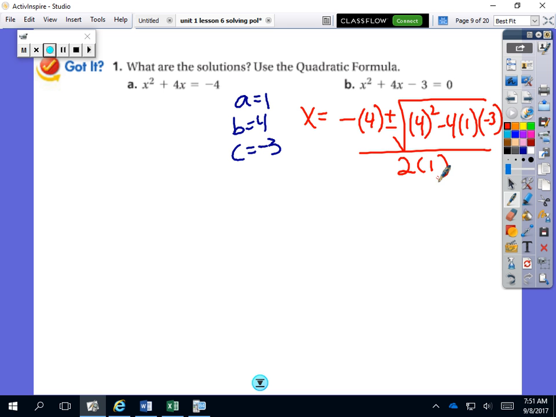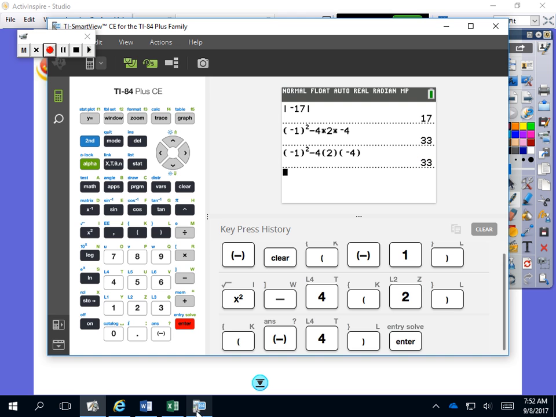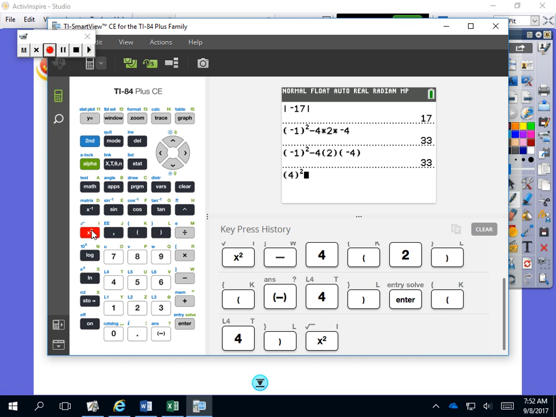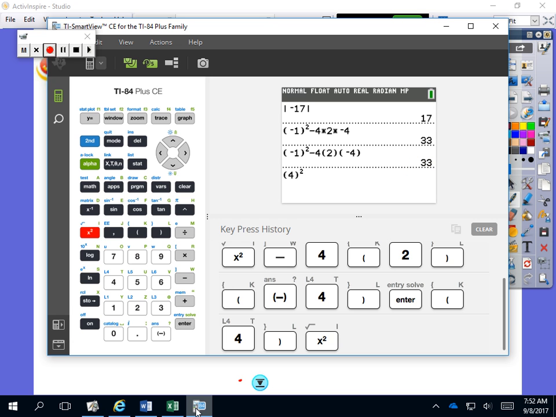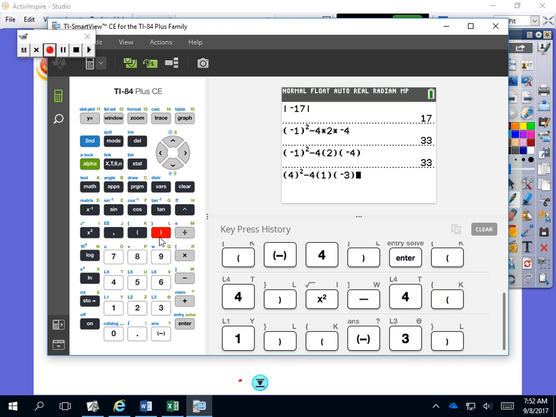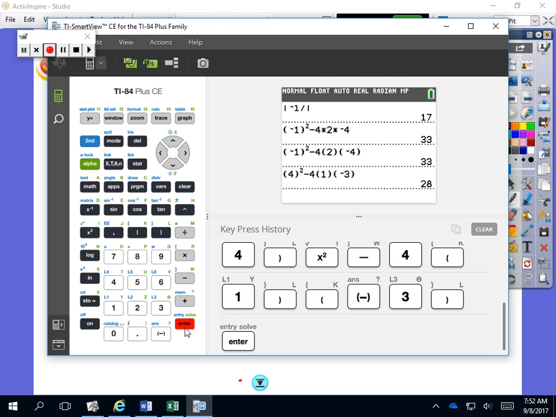So negative 4 plus or minus, and I do 4 squared minus 4 times 1 times negative 3. So that's in your calculator, and you press enter, and you get 28.